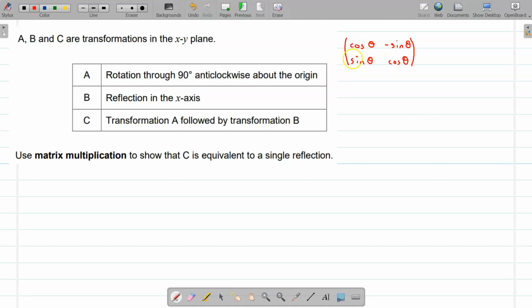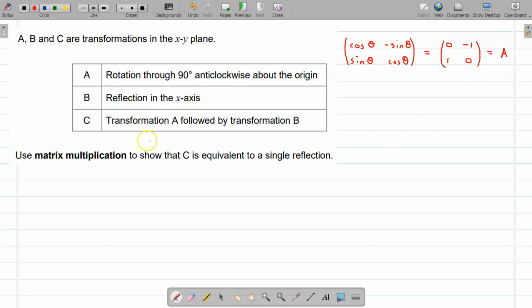So in general, but if you're dealing with a 90 degree anti-clockwise rotation, then the cos of 90 is 0, and the sine of 90 is 1. So it's 0, minus 1, 1, 0. So that matrix there is the matrix for a rotation of 90 degrees anti-clockwise. Okay, so that's the matrix they're calling A.